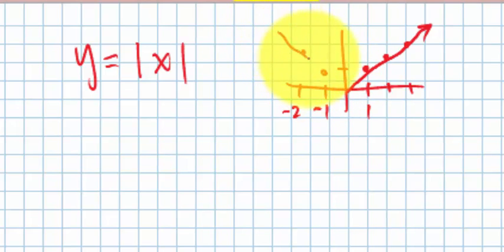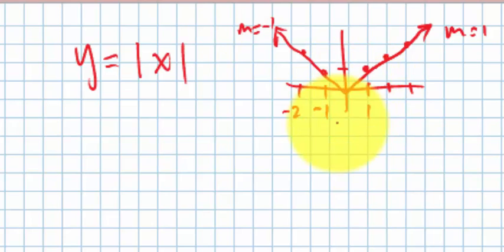So we get a linear graph over here, but with a slope that is opposite of this side. This side, the slope is 1. This side, the slope is -1, ladies and gentlemen. Isn't that exciting? And notice we have at 0, 0, a vertex point. It's a nice sharp point. Unlike a quadratic graph, a parabola, this one comes to an actual point, not a rounded off end.